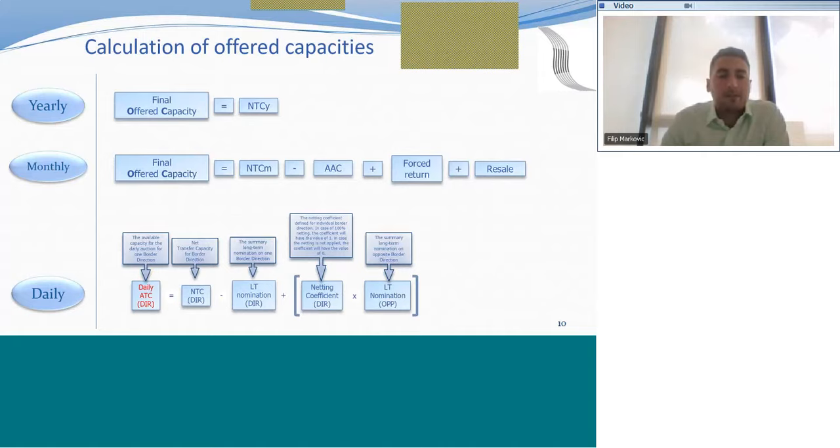After that, all non-nominated long-term capacities are offered for resale on daily auctions. Also, nominations from opposite direction are taken into account, and they increase the offered capacity. So because of nominations from opposite direction, sometimes it can happen that daily offered capacity is higher than the NTC itself.